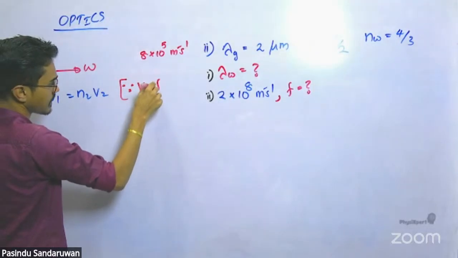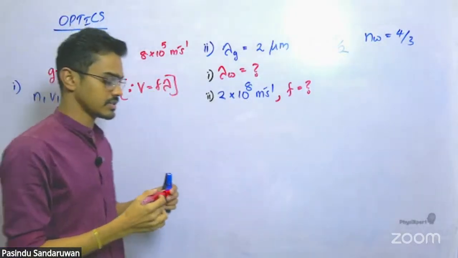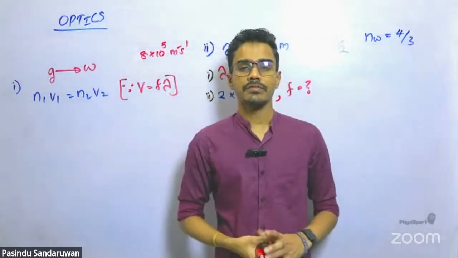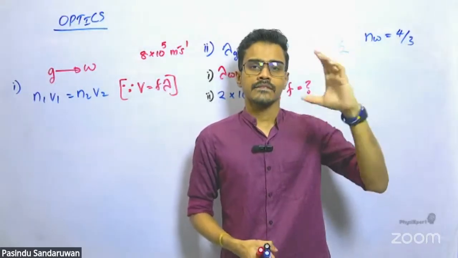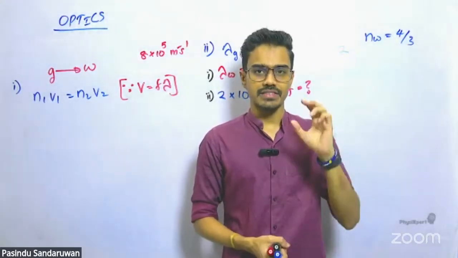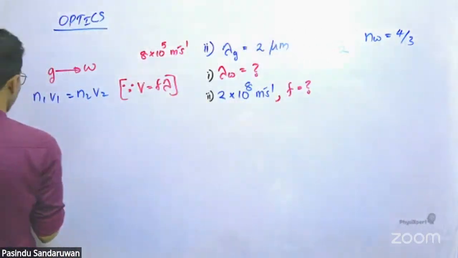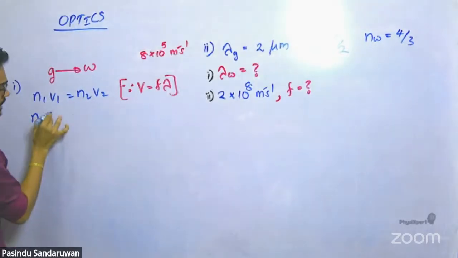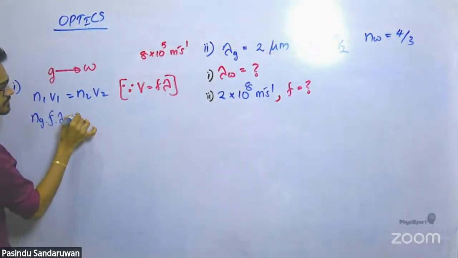Under the refraction of waves, we have discussed that frequency remains unchanged at any wave phenomenon. These are refraction, so still frequency remains unchanged. Then I can write this as: in glass, v = f lambda, where frequency is f and wavelength is lambda glass.